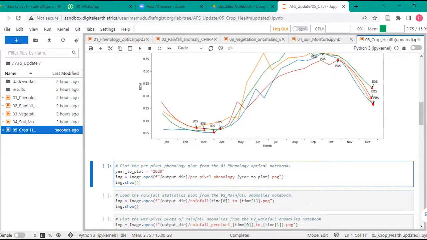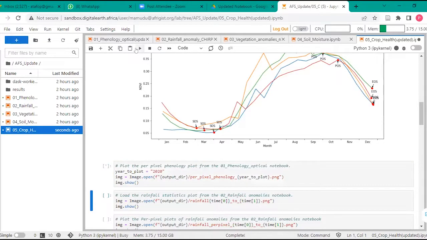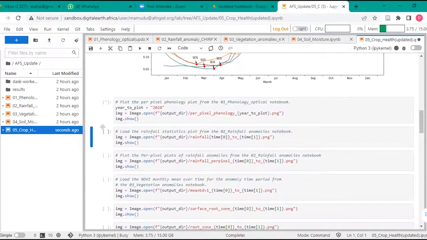We are also calling on the results from the output directory for the per pixel phenology, and we'll go ahead and run this. Please hold on a little, it's still running.